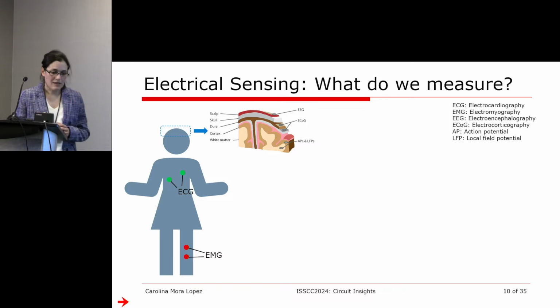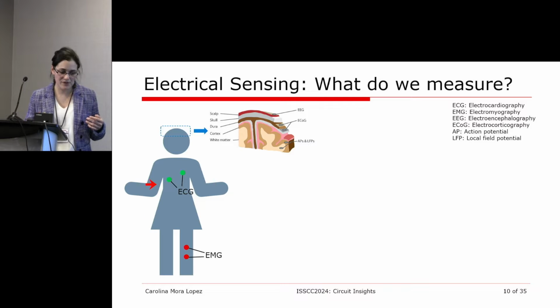So let's talk about what we measure exactly. When we have a set of electrodes in contact with your body, what are the signals that we can measure? I have here a few examples. For example, if you have electrodes in contact with your chest, you can read electrical signals from your heart. This is called electrocardiography.